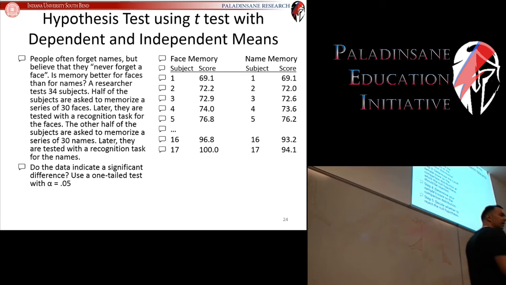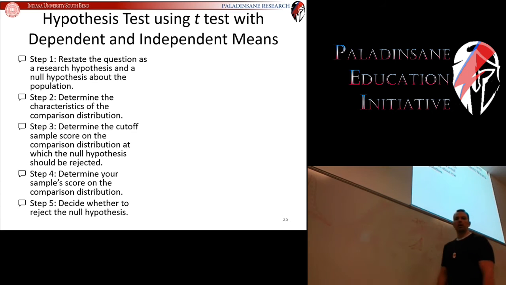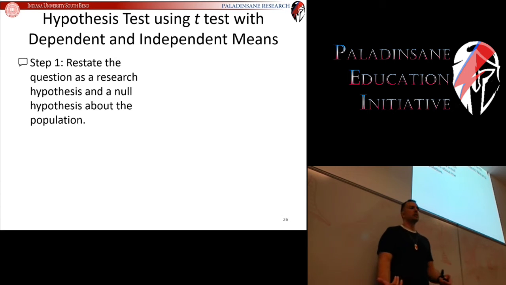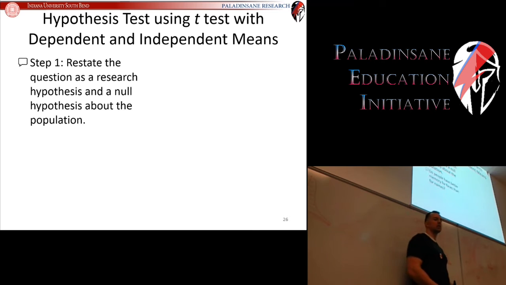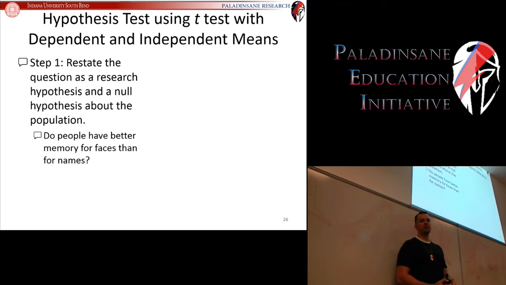Now it's time to go through our 5-step hypothesis testing procedure. So step number 1, restate the question as a research hypothesis and a null hypothesis about the population. We want to know, do people have better memory for faces than for names?